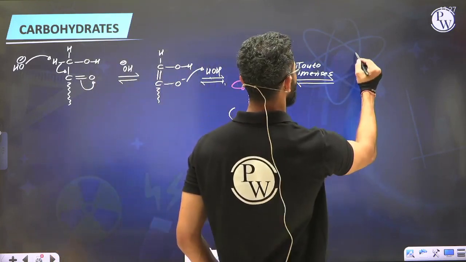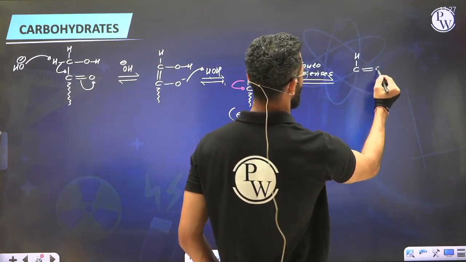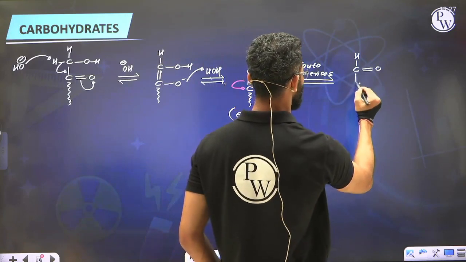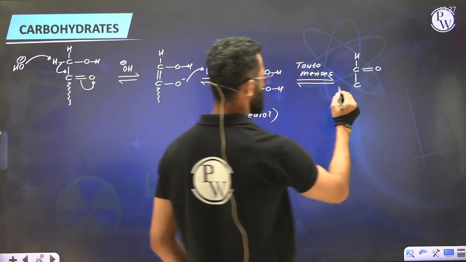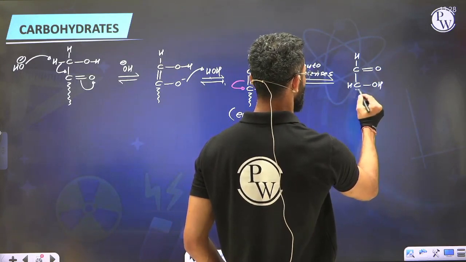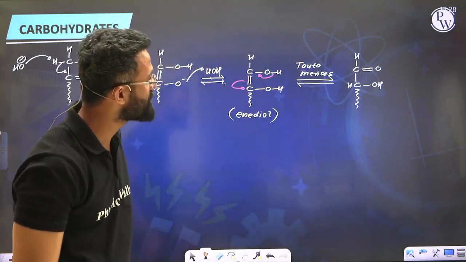So what will we be getting? H, C, this became double bond O, HC double bond O, this will become single bond C, carrying H either from the H which is lost or from the solvent, and OH, and the further chain. Guys, what has happened?